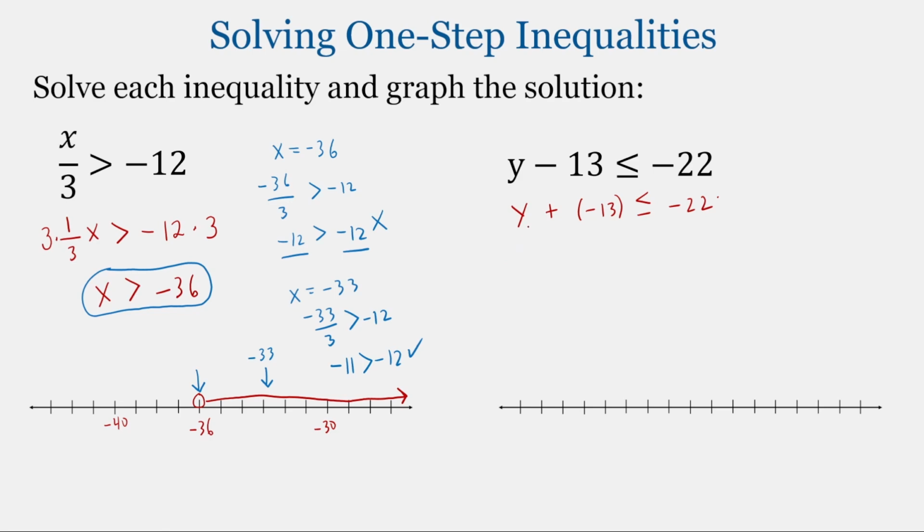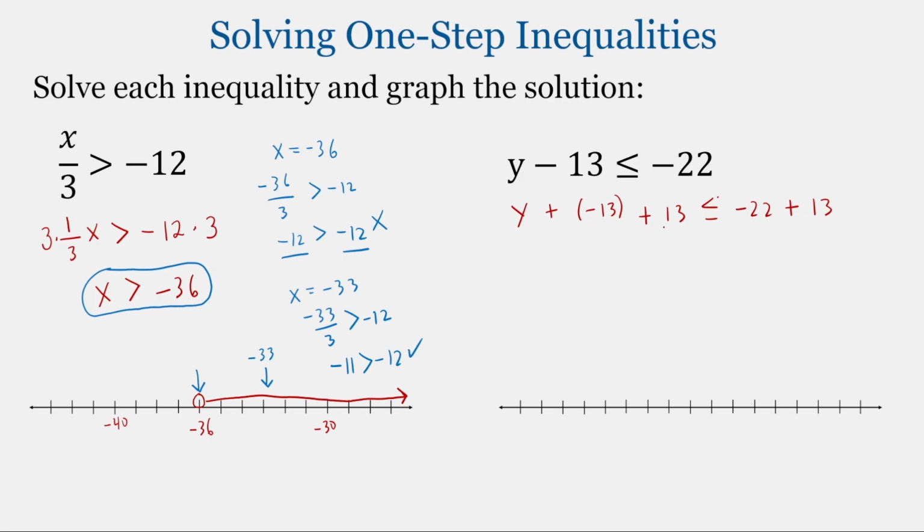So to go from y plus a -13 to y plus 0, we need to add the additive inverse, or the opposite of -13. And the opposite of -13 is positive 13. So we'll add 13 to the left side. And what we do to one side, we have to do to the other. So we'll add 13 to the opposite side.